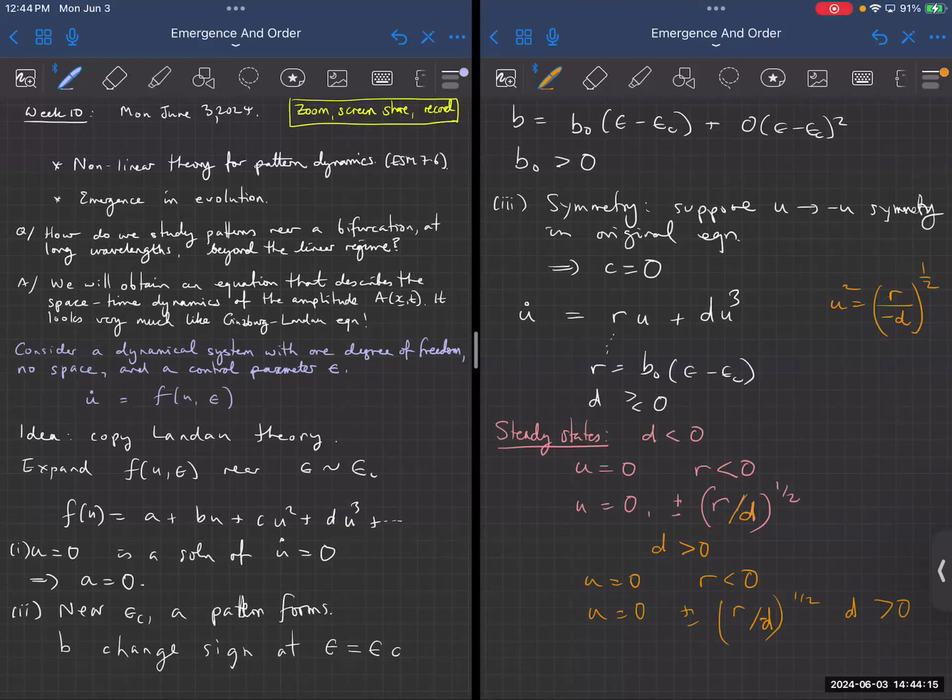Okay, so this is a solution. R is positive, so I need D greater than 0. So here D is negative.